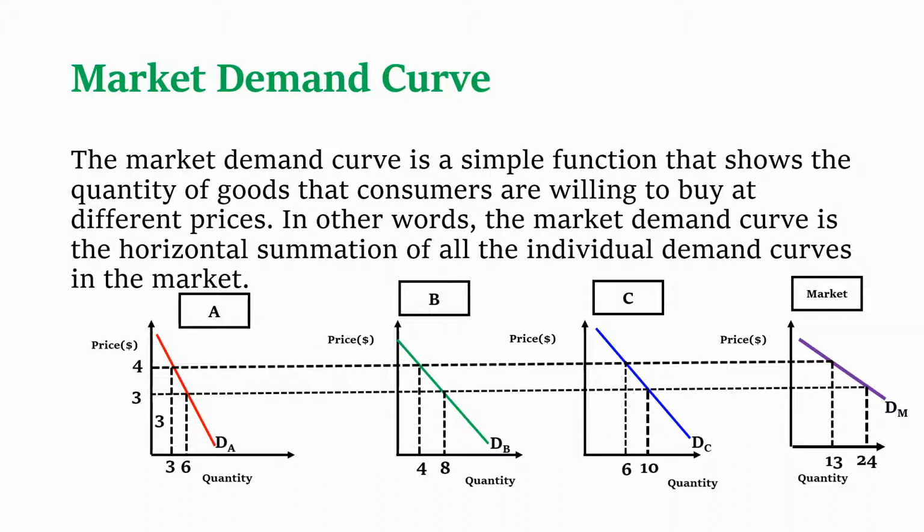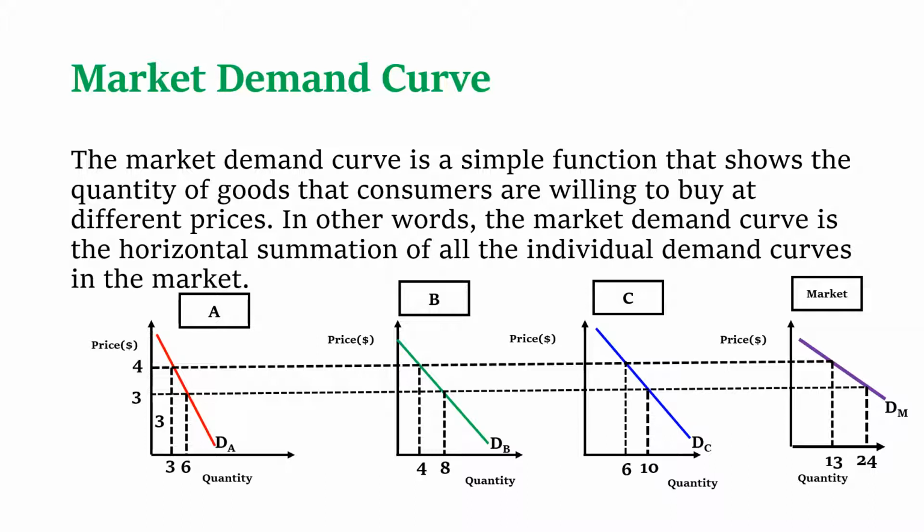Now, let's take, for example, here we have individual A. This is individual A's demand curve. And then you have individual B's demand curve, which is given as this, right? At the same price of $3, this man is able to buy 8 units, and then at the same price another is able to buy 10 units.